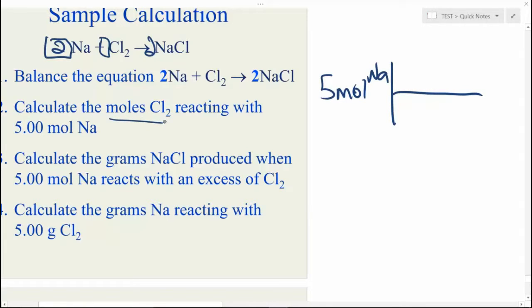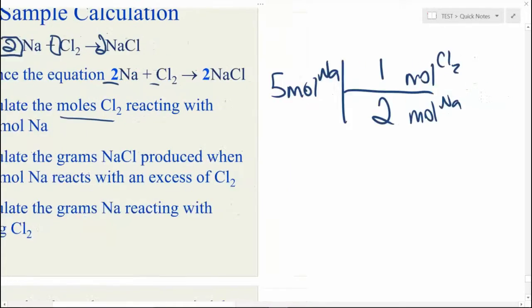So this is just a simple stoichiometry step where I'm going to go from the moles of sodium to the moles of Cl2. Okay, and looking at my balanced chemical equation, there's 2 moles of sodium for every 1 mole of Cl2.